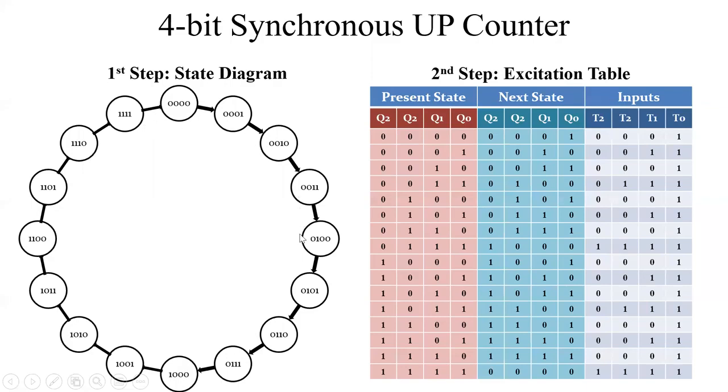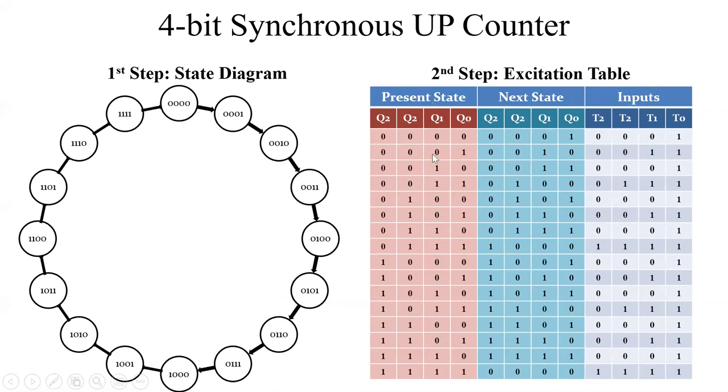These counts happen for every clock pulse, so for each and every clock pulse, the count goes up from 0 to 15. After 15, the next count is 0. Why? Because we have the availability of only 4 flip-flops. We don't have a 5th and 6th flip-flop. For that reason, the count is going to repeat.